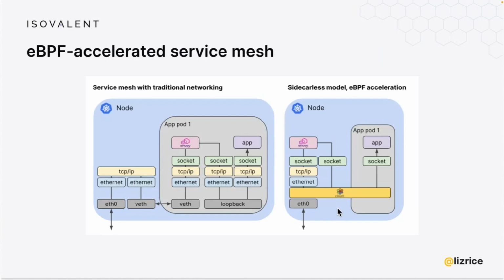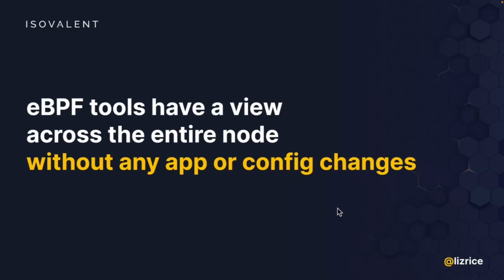Let's consider that a little bit more. You've seen that we can inject eBPF programs into the kernel and they can affect applications without having to make any change to the application or anything else that's running on that machine.